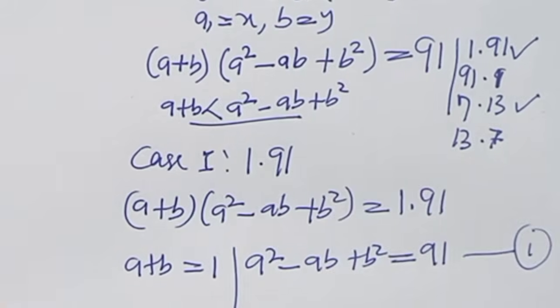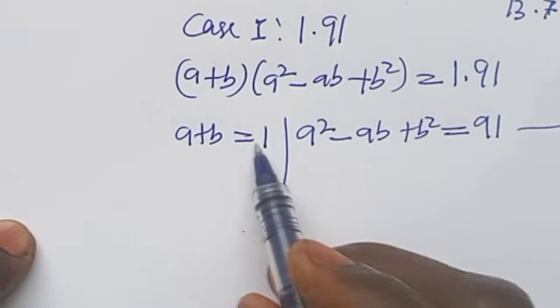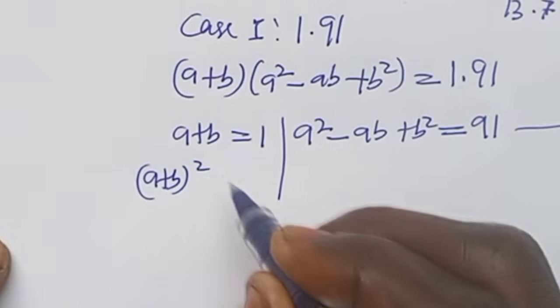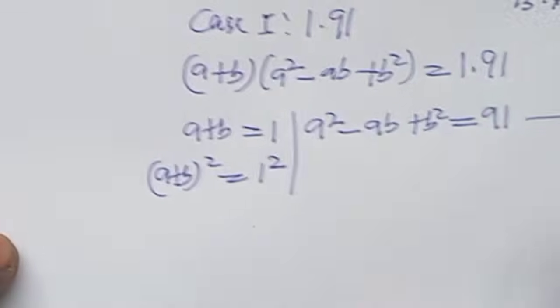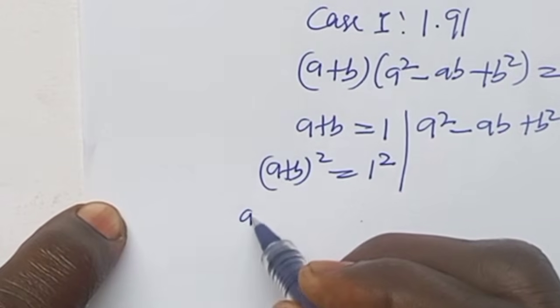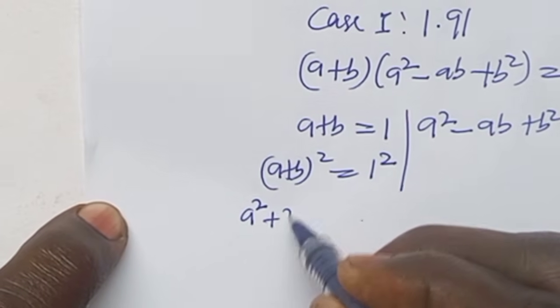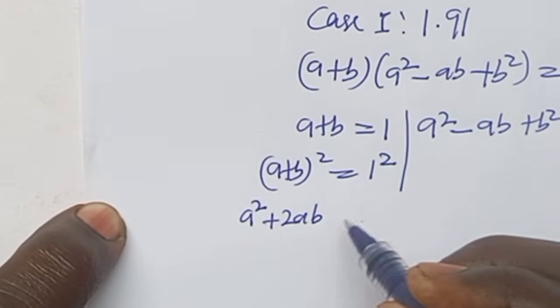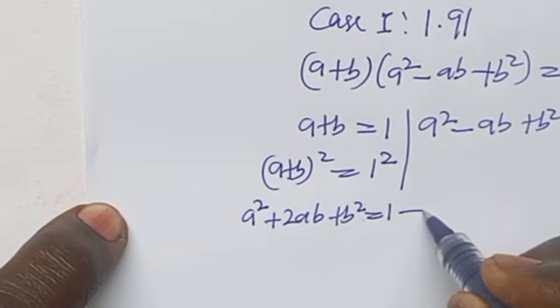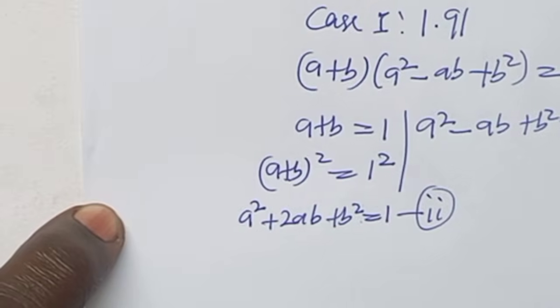We're going to call this equation 1. So if we simplify this further, we have (a plus b) to the power of 2 equals 1 to the power of 2. And if we do this very well, it becomes a to the power of 2 plus 2ab plus b to the power of 2 equals 1. And let's call this equation 2.